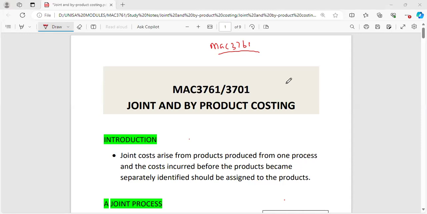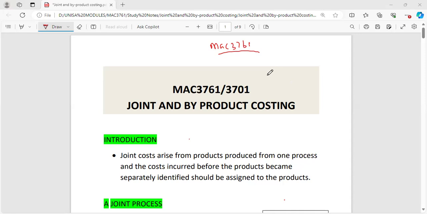So in joint and byproduct costing, what we are looking at is we have a process that is going to produce 2 or more products. So we are trying to find out how are we going to allocate joint cost to those products. Because remember, in a joint process, there are costs incurred before the products become separable, identifiable.